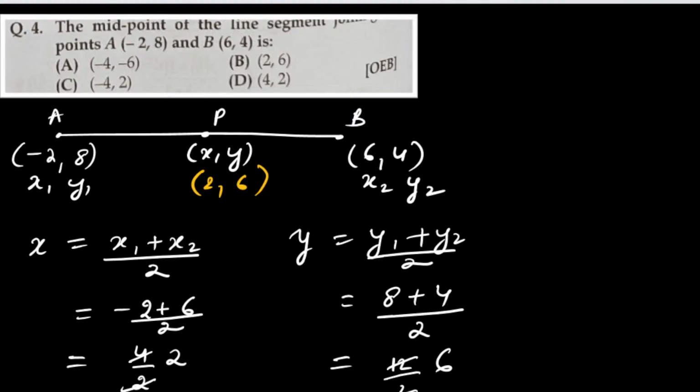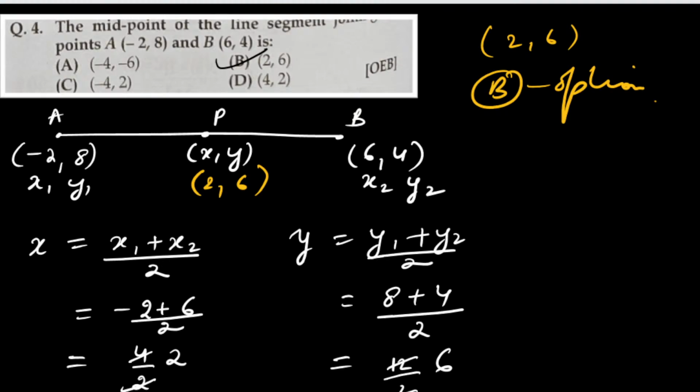Yes, so we got point P's coordinates (2, 6). So option B: x is equal to 2, y is equal to 6. So option B is the correct answer.